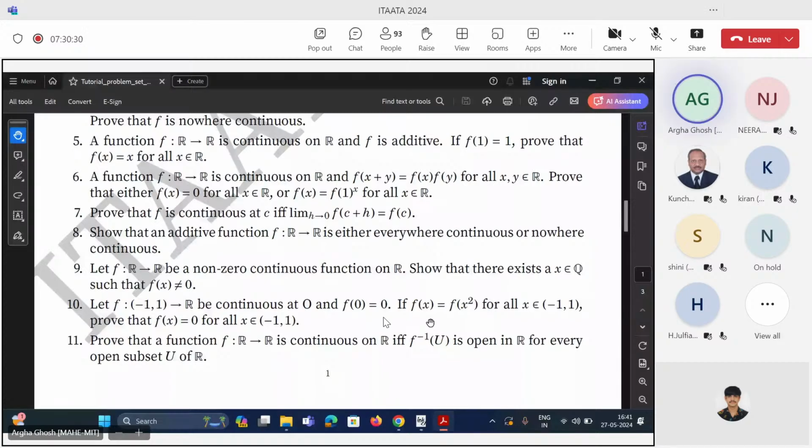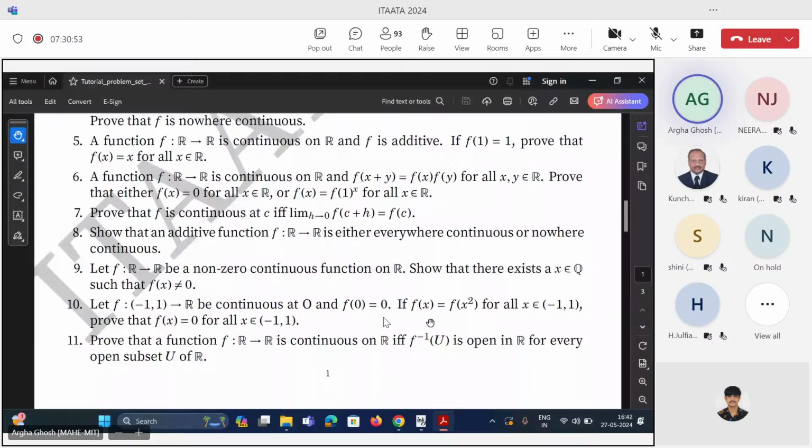Now assume that f of x plus y is f of x into f of y. Can we derive the similar result, like either it is continuous or not continuous?